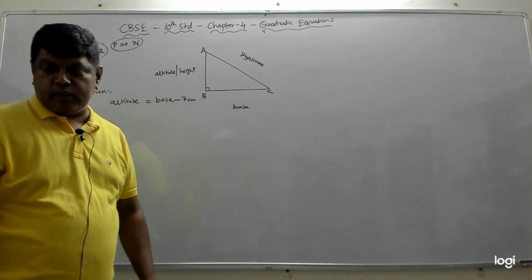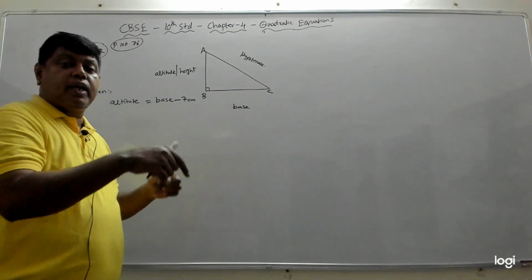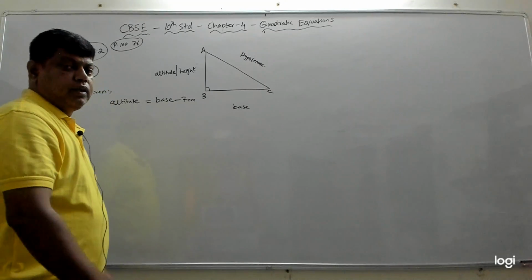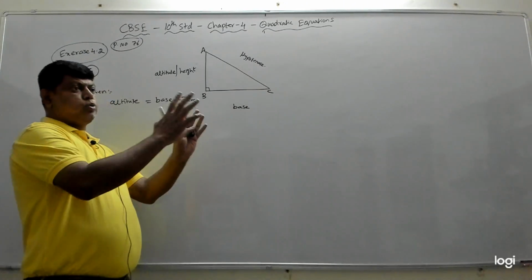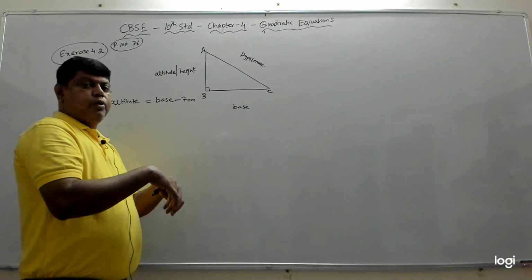The question says altitude of the right triangle is 7 centimeter less than its base, which means base minus 7. If the base is, suppose, 12, then you subtract 7 from that to get the height.